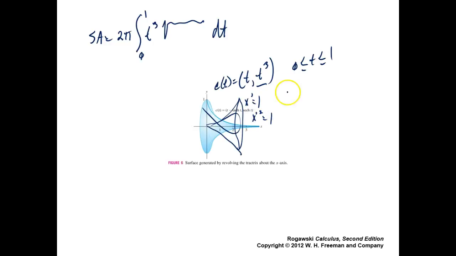Okay, got this down. Now, what about your y prime? 3t squared. And your y prime squared then would be 9t to the fourth. Oh, what a lovely number. Okay. And so what we have here is your x prime squared, 1, plus your y prime squared, 9t to the fourth.